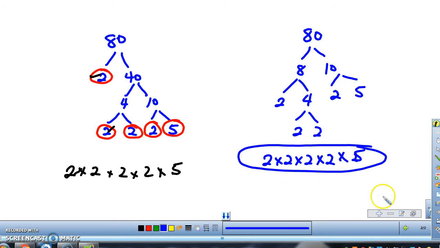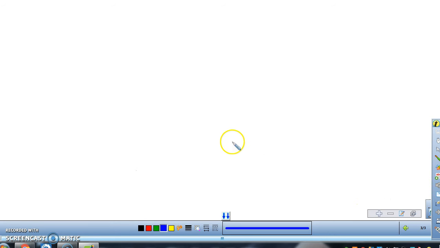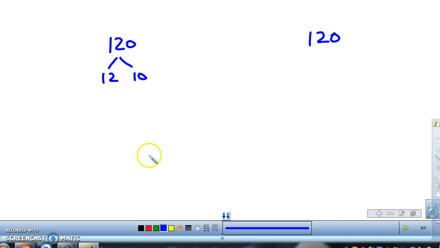Let's look at doing another one. Let's say we do 120. Again, there's a lot of different ways we can break this down. We'll show 2 of them and show that we come up with the same prime factorization. So we know that this would be 12 times 10. We also know that this would be 3 times 40, let's say.